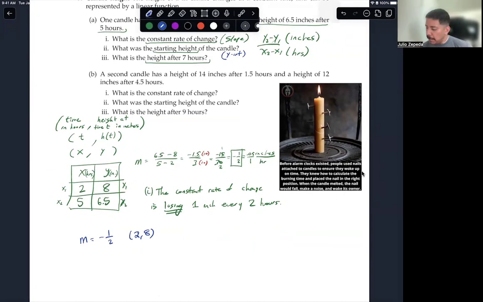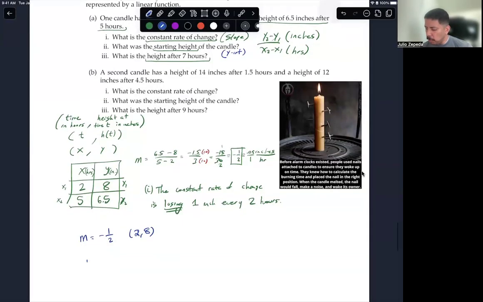I'm going to use y minus y1 equals m times x minus x1. So plug in my m, my x, and my y: y minus 8 equals negative 1/2 times x minus 2.